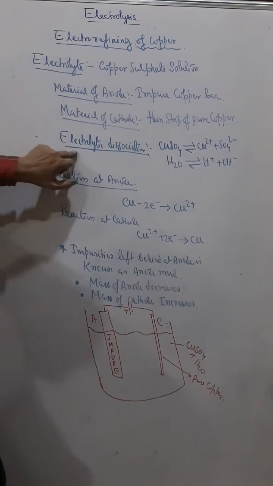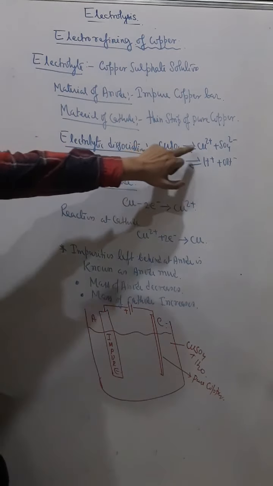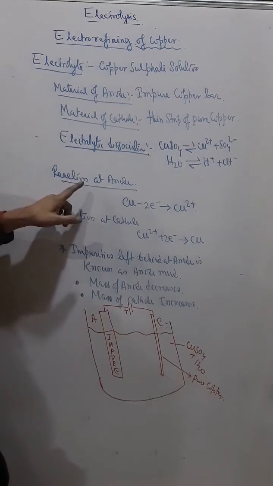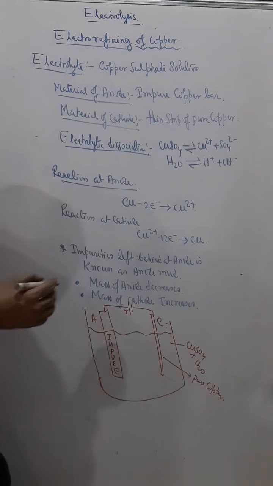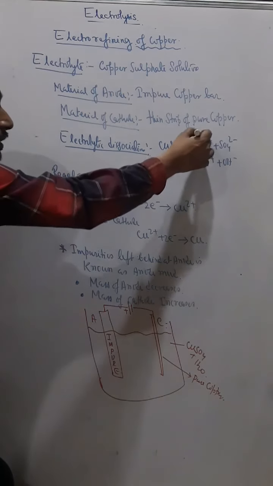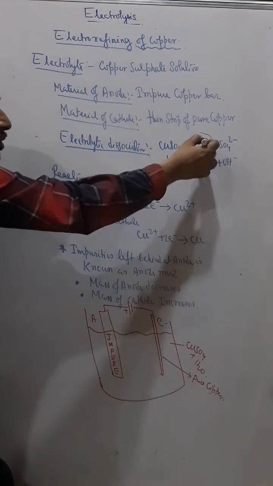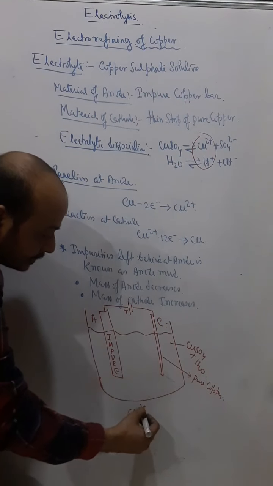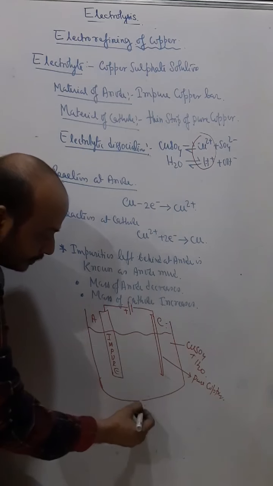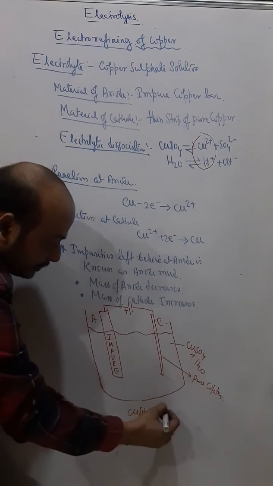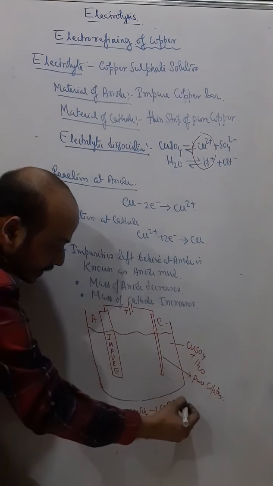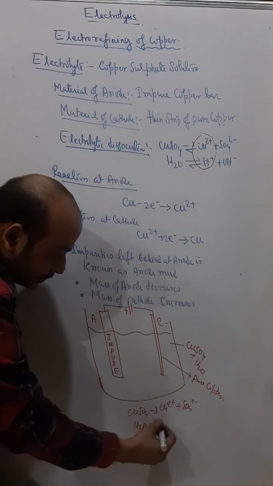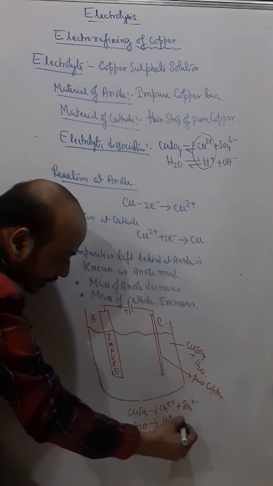Now electrolytic dissociation, again this copper sulfate will break into copper and hydrogen and so on. Now here, reaction at anode, what will happen? From the copper sulfate, Cu2 plus and SO4 2 minus, and water H plus and OH minus.